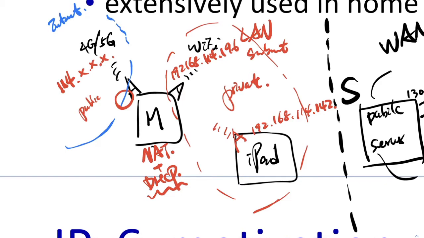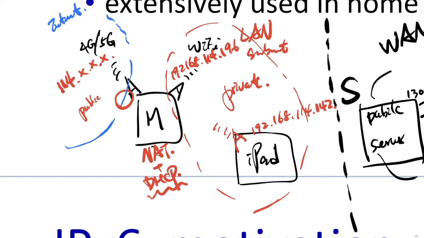So at the right-hand side we have a Wi-Fi antenna, and this Wi-Fi antenna will create a subnet. For example, usually it will use 192.168.blah blah blah to create a subnet, and it is a private network.